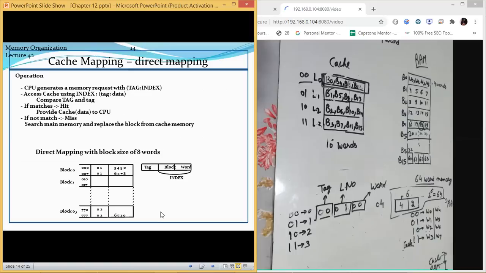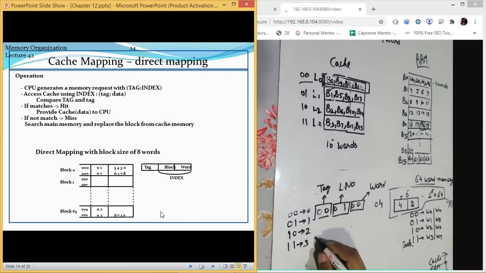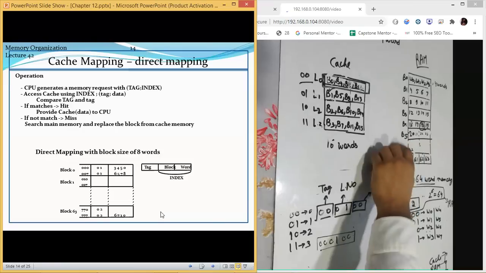Now if we are going to search it inside the RAM, then it is much easier. How? 2 bits will be used for accessing the word, and 4 bits will be used for searching the block number.